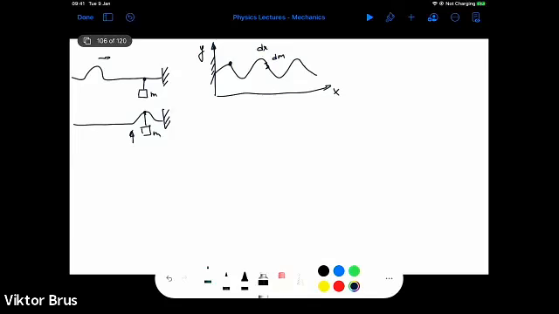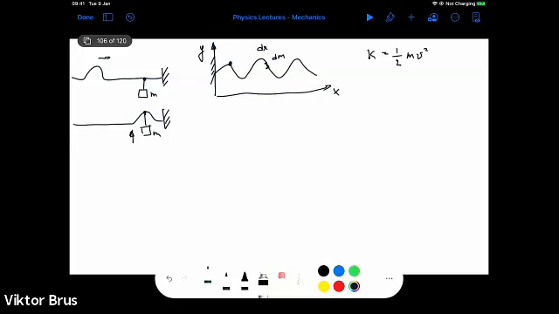So each element of the wave in the y-axis will also move as a simple harmonic oscillator. And definitely it will possess some kinetic energy. So we know that kinetic energy is 1 over 2 mv squared.